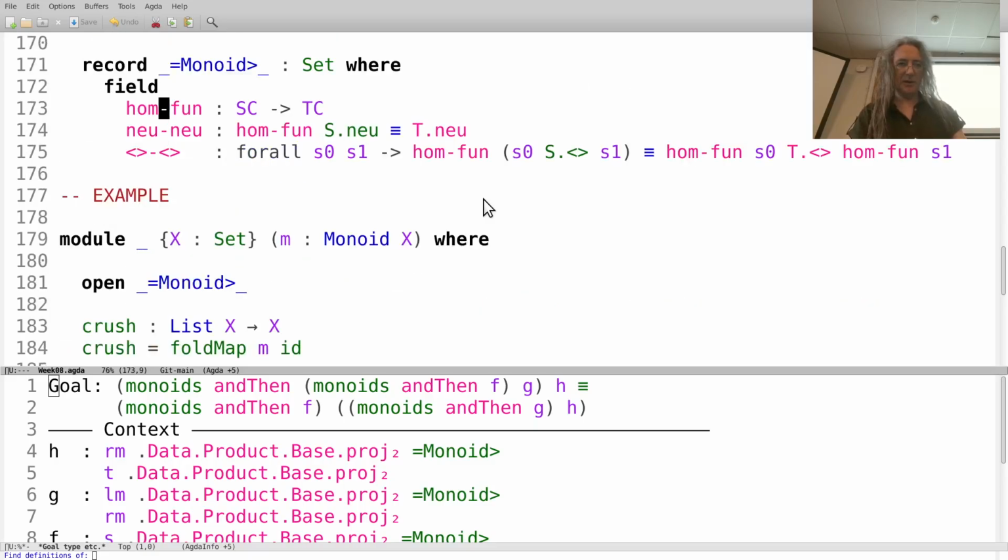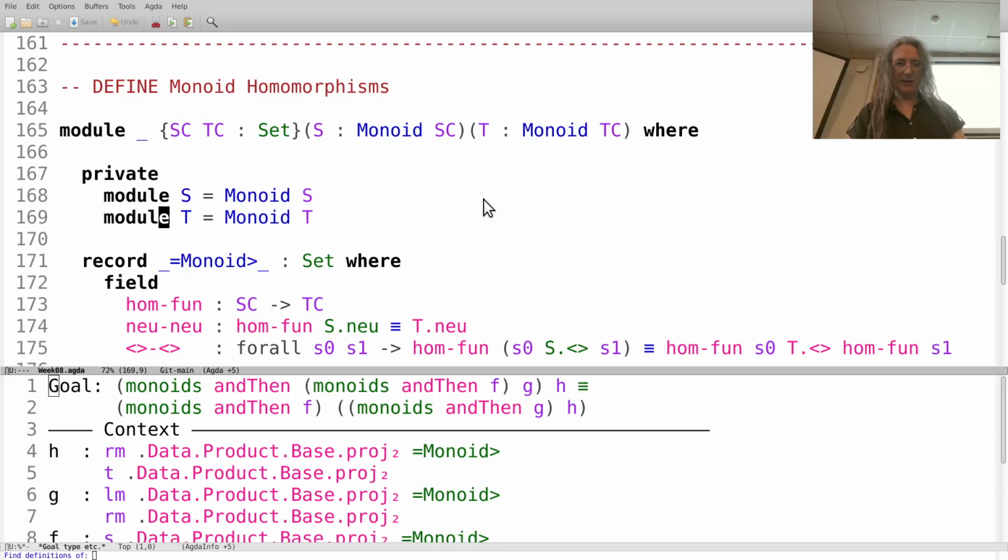Okay. So here, what's happening? Right, this is the setup I would like.